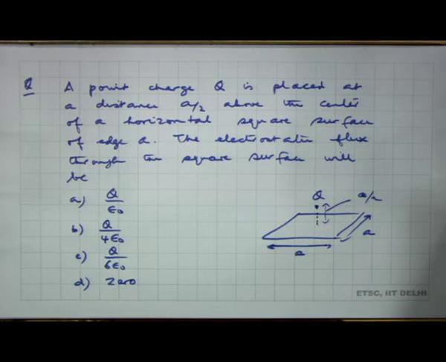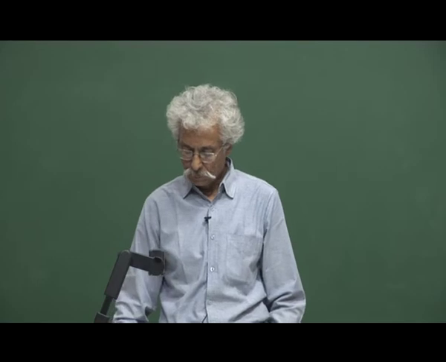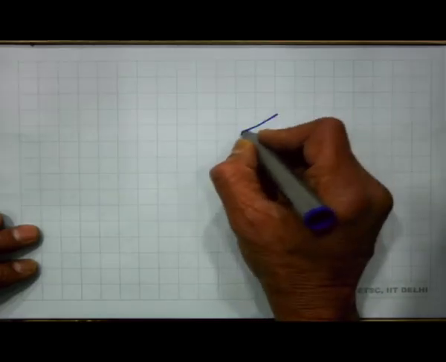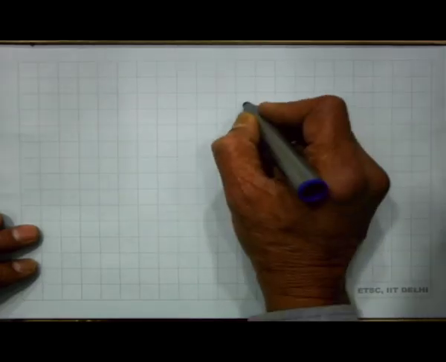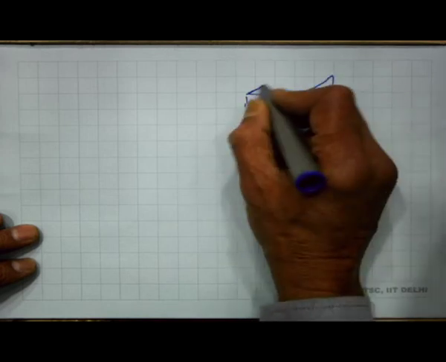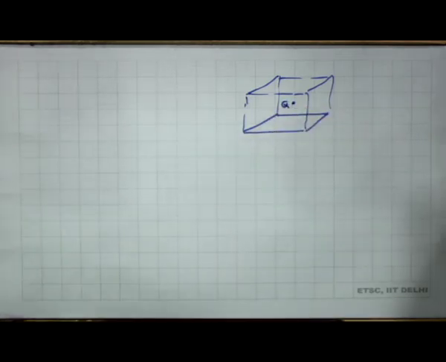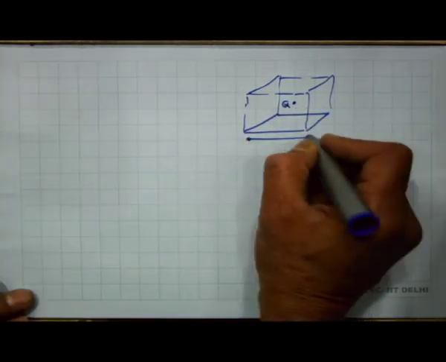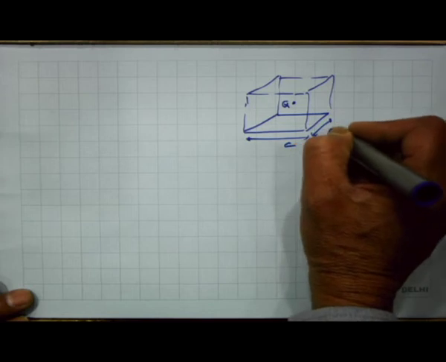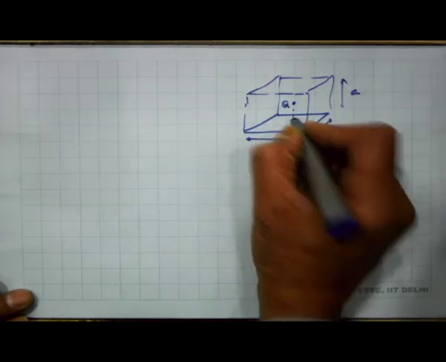Now, obviously, you can do an integration E dot dA to calculate the flux, but that is much more complicated. I can very quickly solve the problem by understanding that because I have this surface here, let me construct the complete cube around this, and the charge is at the center of this cube, because this is side A, this is side A, and this is side A, and this height is a by 2.